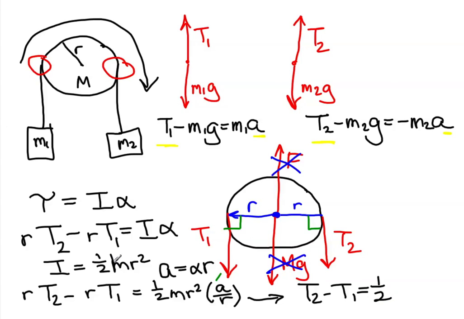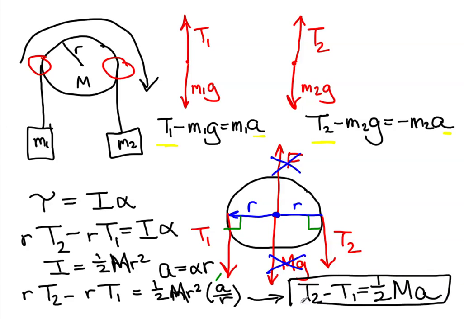This should be capital M for mass. So this is going to be 1/2 capital M A. Now using this equation and these two, solve that one for T1, solve that one for T2, you can plug those into here and you can calculate the acceleration.